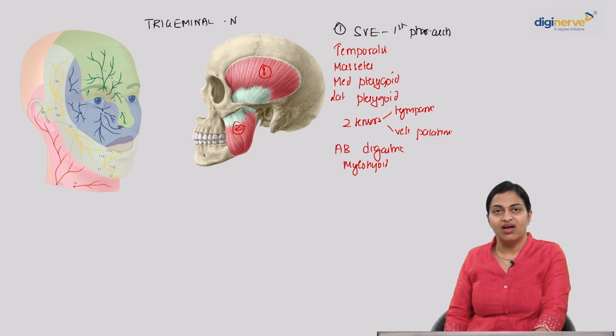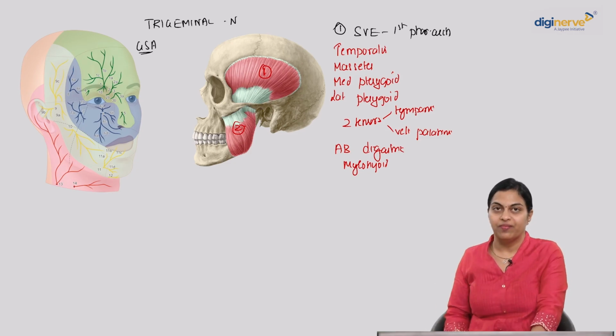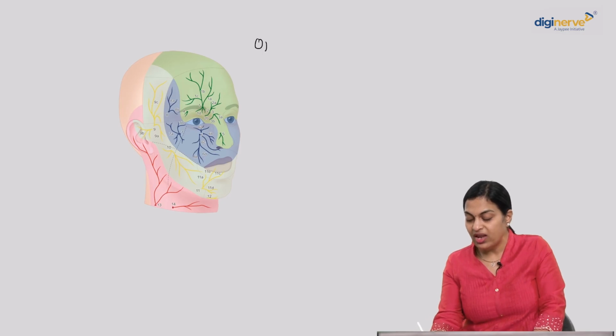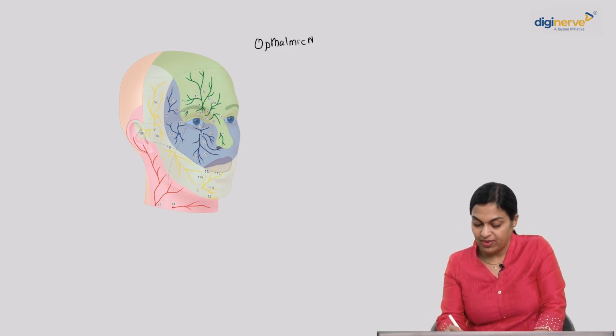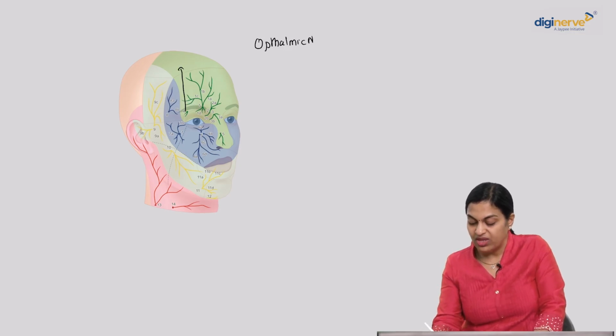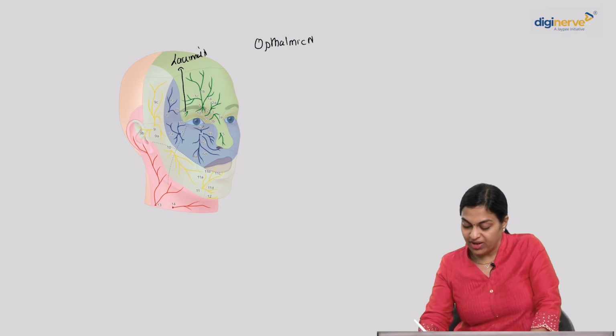And what was the other afferent column, you know? The general somatic afferent column. The general somatic afferent column is going to innervate the skin over the face, right? So the ophthalmic nerve will give rise to the lacrimal nerve. I'll just label it. So this is the lacrimal nerve, skin of the lateral part of the upper eyelid.